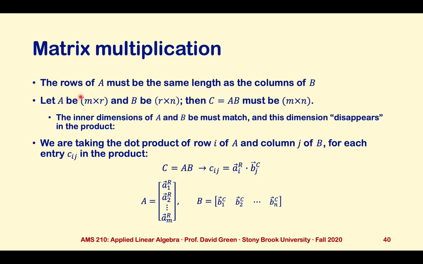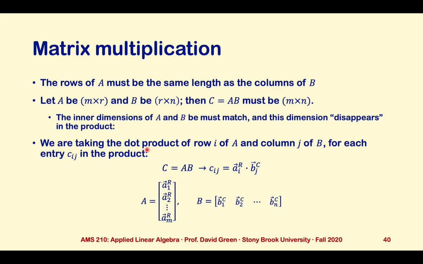This means that if A was an M by R and B was an R by N, the product ends up being M by N. So the inner dimensions, the number of columns of A and the number of rows of B, have to match. And when we take that product, that dimension kind of disappears.